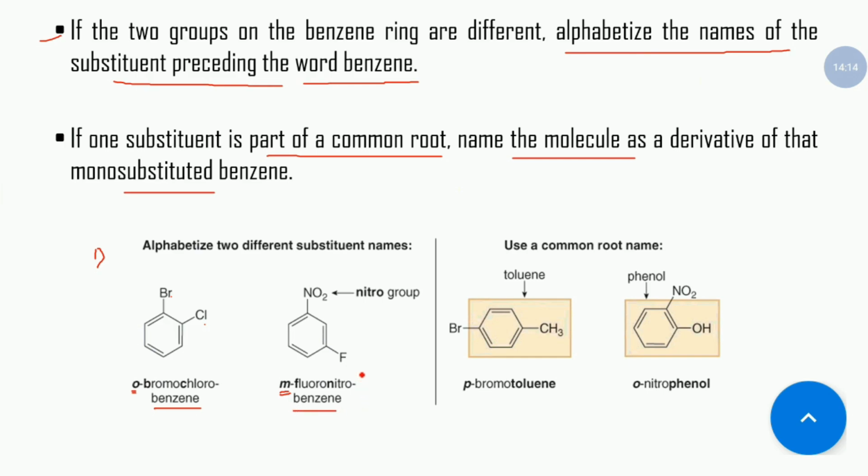Very simple. Now for the second rule, that is if you have one substituent as a common root. So here it is for the second rule. Here your benzene ring is there, two substituents are there, one is bromo, one is methyl. But whenever benzene is attached with a methyl group, that means methyl benzene, and a very common name used is toluene.